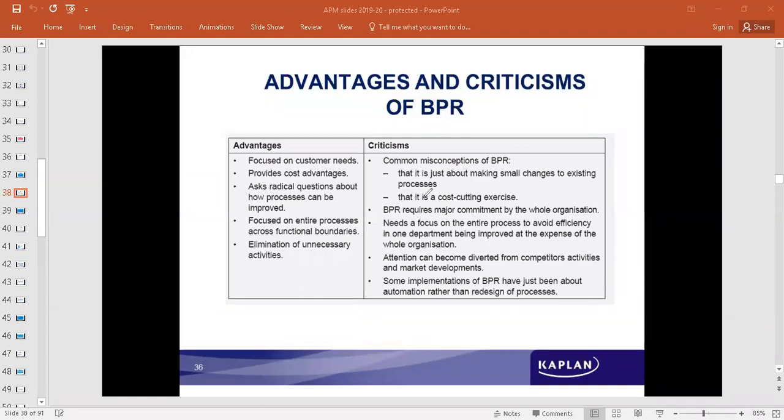But one important thing is it may not be feasible to implement BPR across the organization in one go. So generally it is taken up phase by phase, the changes are brought about. To change the whole organization in one go is a lot of disturbance in the organization, because everywhere the changes have to be brought about, huge investment is required.